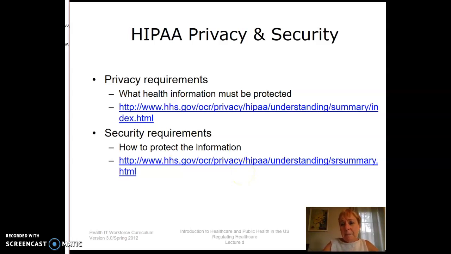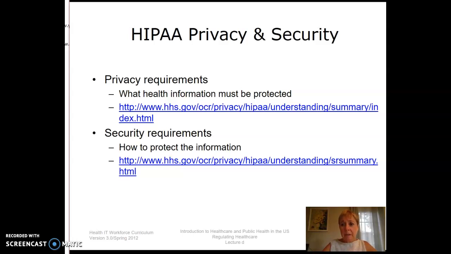But the big thing about HIPAA was their privacy and security rules. So the privacy requirements were what health information must be protected. What you've learned in your other class now is health information is confidential. And as HIM professionals, we live by that. But until HIPAA, there was very little legislation that said what you had to do to ensure privacy.